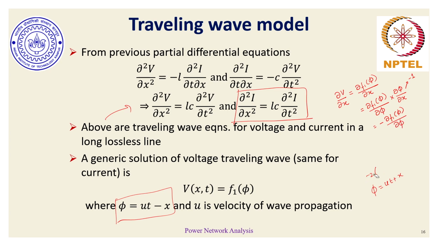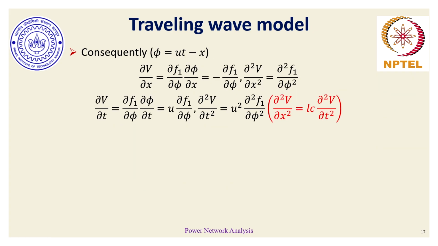Okay. Similarly, if I now take the double derivative, del square v by del x square, I follow the same steps, shown over here. Del v by del x is minus del F1 by del phi.